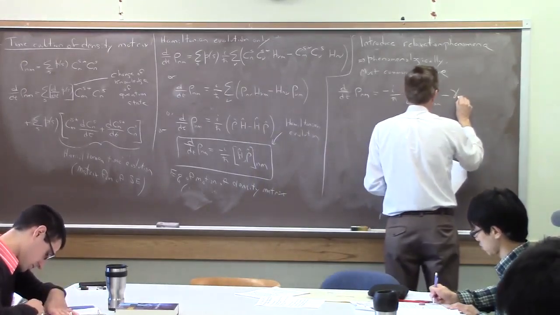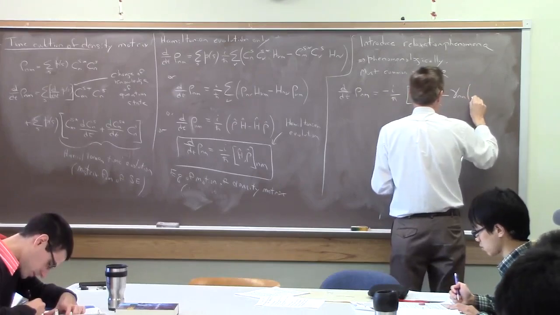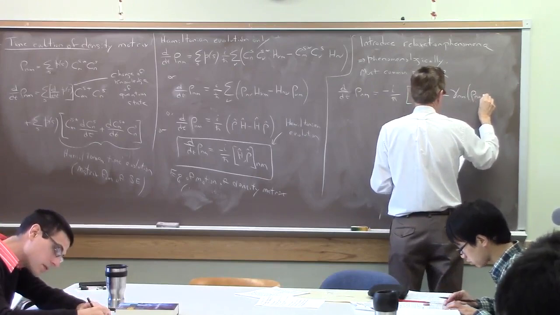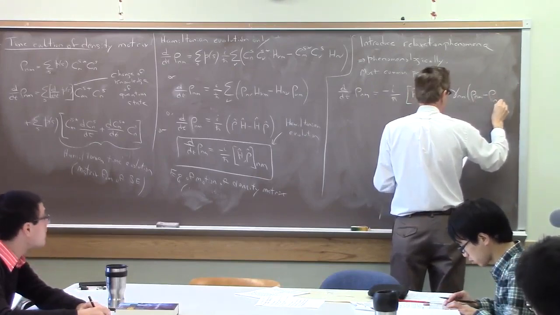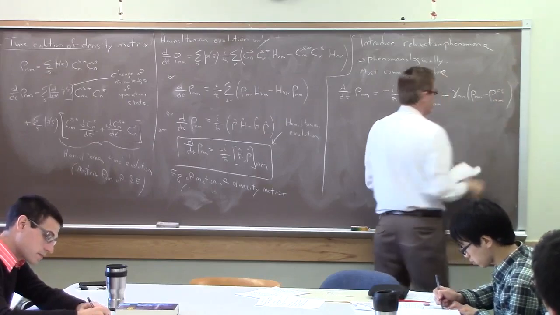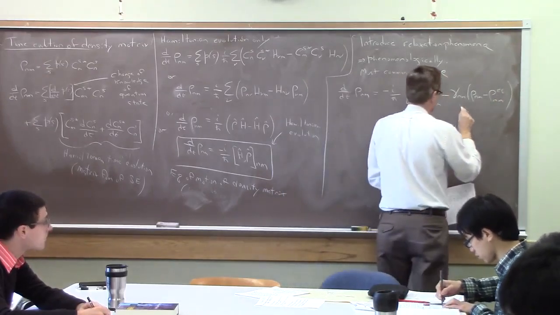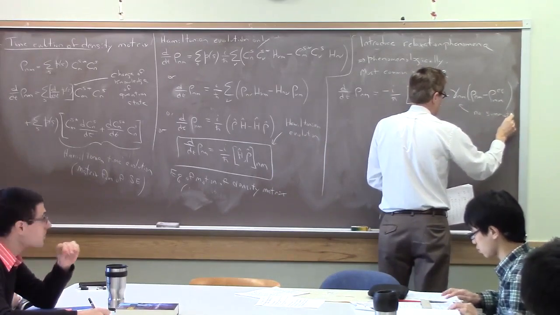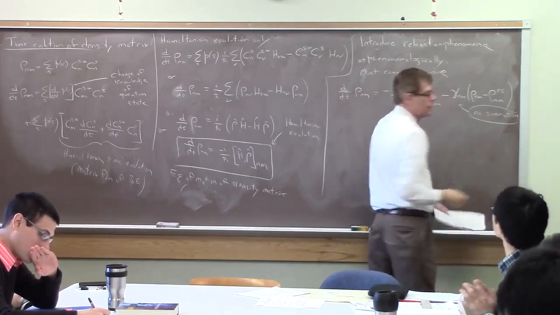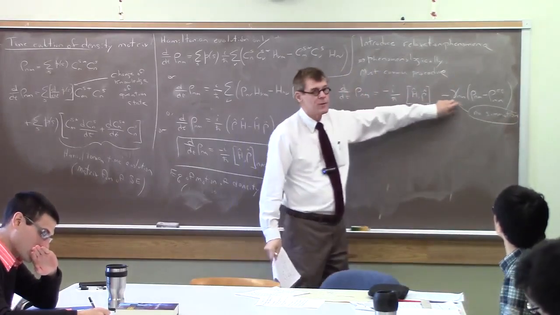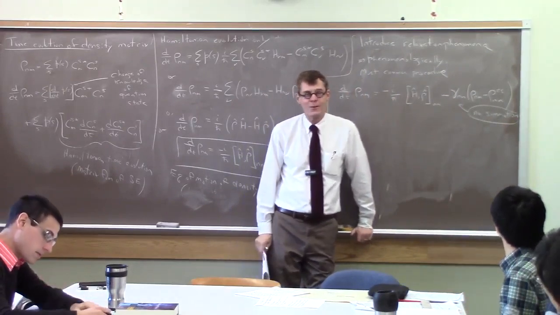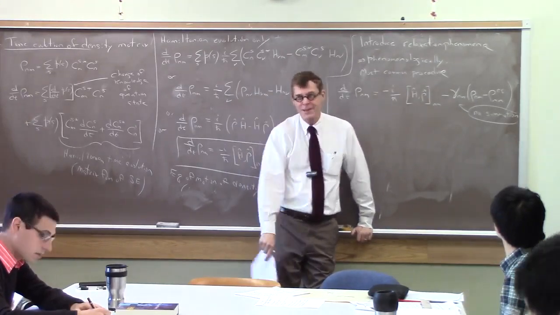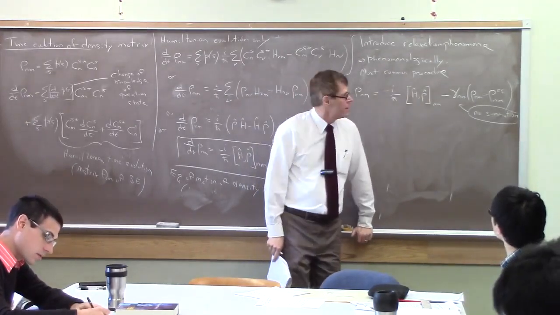And then gamma nm times (rho nm minus rho nm equilibrium). Now, it is so conventional that when you see an equation like this, you assume that you're supposed to sum over repeated indices, that I will point out that we are not summing over repeated indices here.